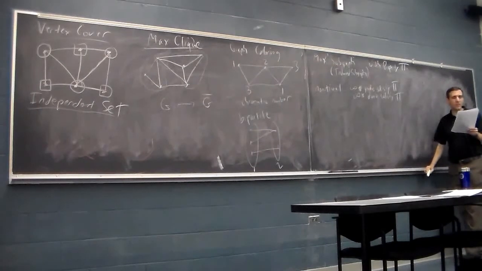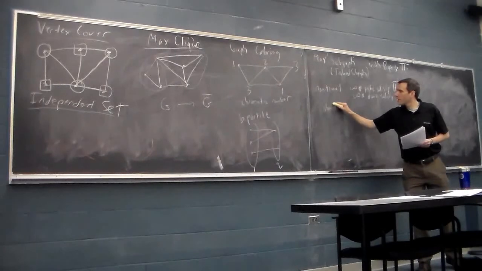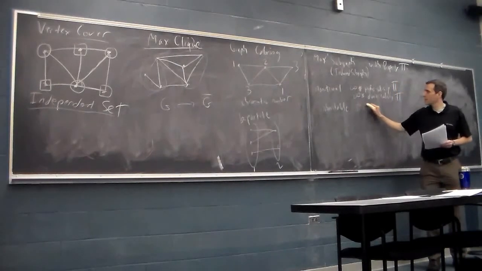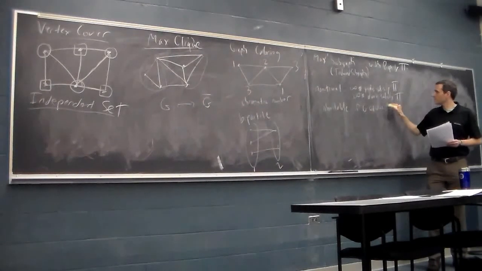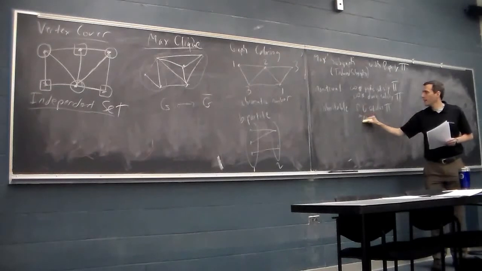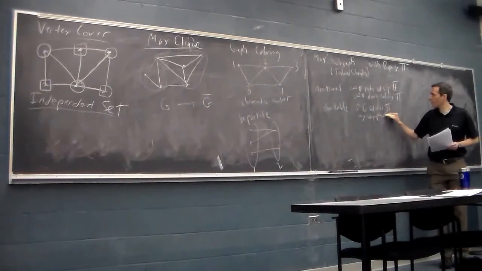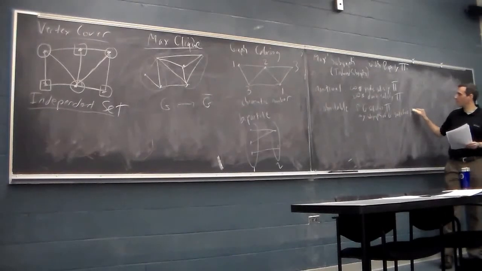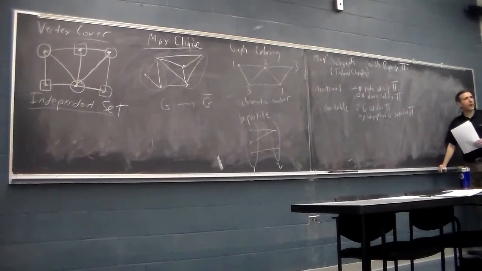And the other condition is that the property is what's called inheritable, which means if G satisfies pi, any subgraph of G satisfies pi. And in the induced subgraph version, any induced subgraph.